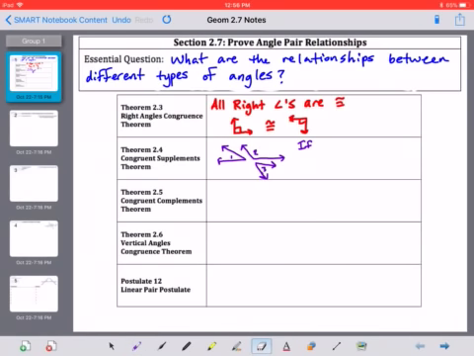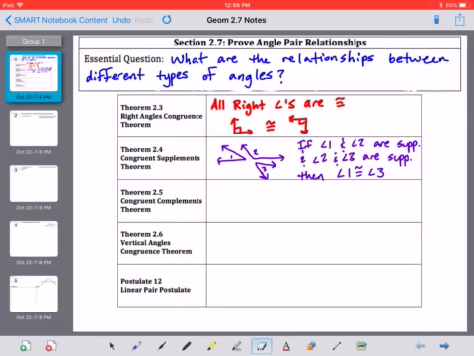So if angle 1 and angle 2 are supplementary, and angle 2 and angle 3 are supplementary, this might look familiar, but what happens then is that we can conclude angle 1 is congruent to angle 3.